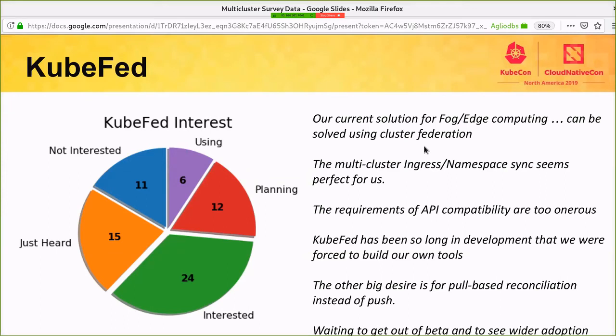One of the big pieces of feedback that we got there is one that you've heard before, which is people had issues with the pull-push decision. We got that comment at least 4 times.